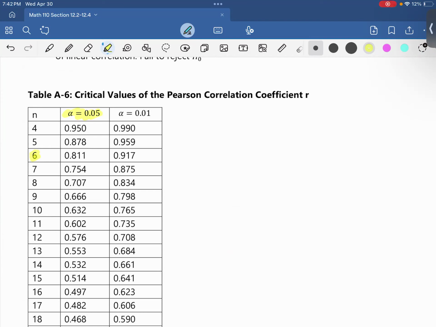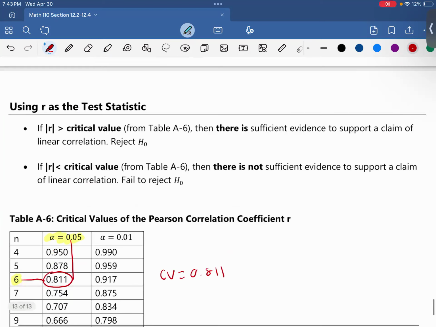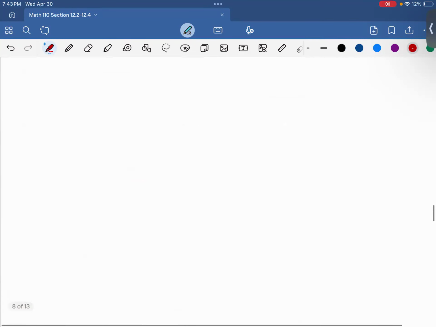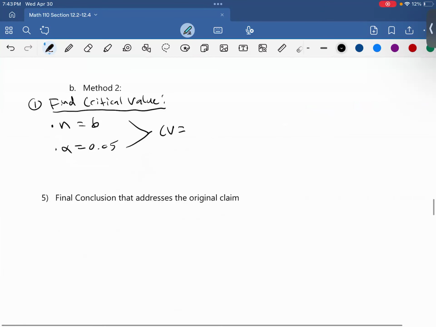So that means we are here, 0.811. So that is our critical value. Let's go back up and use this value for our hypothesis test. So the critical value was 0.811.